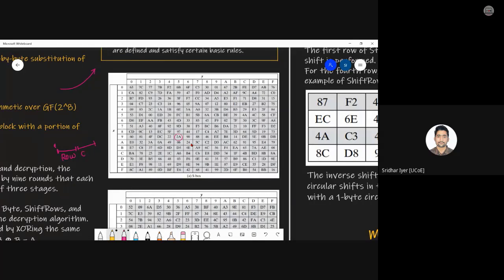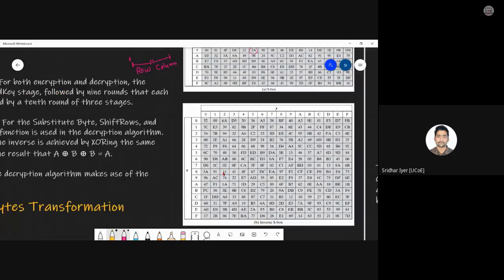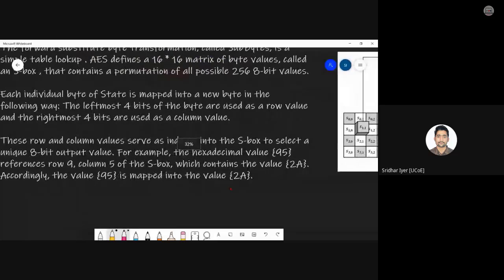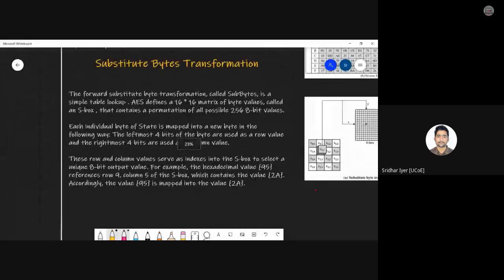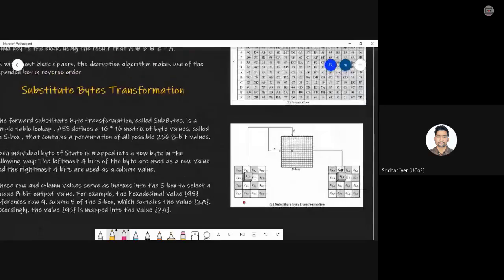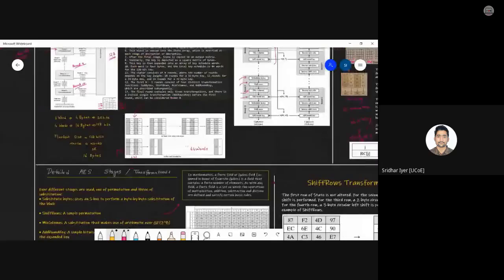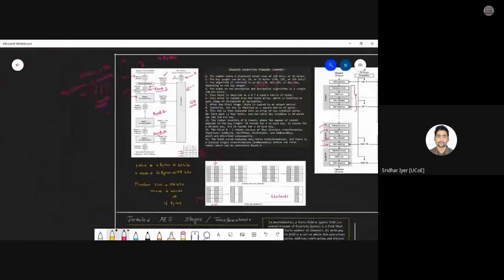Yes or no? So I have also taken an example just to make you understand this. Just have a look over here. Whatever input you get, this is your plain text. Check the initial diagram. Let's look at the first diagram again. This is your first diagram, right?